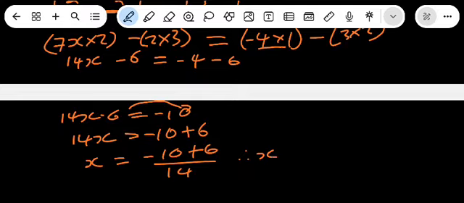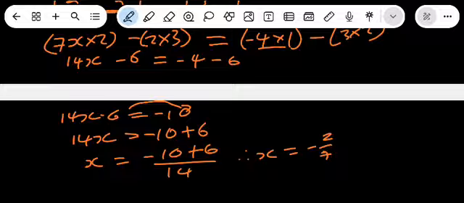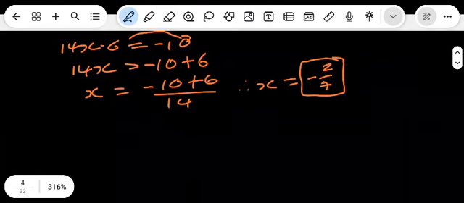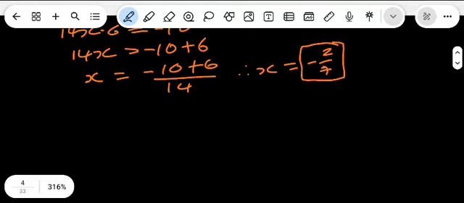Therefore x equals negative 10 plus 6 divided by 14, which is negative 2 over 7. That is the value of x. That is how you determine a 2 by 2 matrix determinant. There is nothing more.